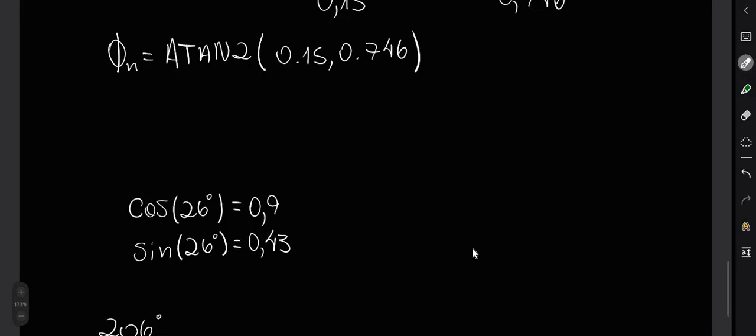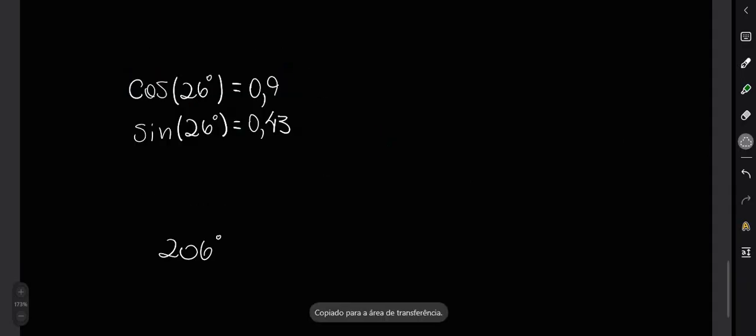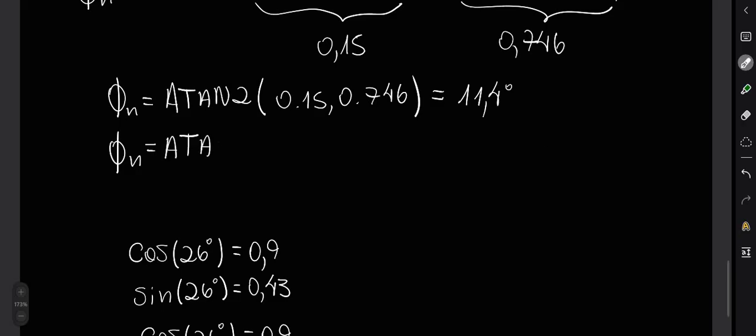Let's try the complementary solution, and we'll keep with our analysis. But we get 11 degrees, right? 0.4. But this result is diverging from the book. Let's see the complementary solution.